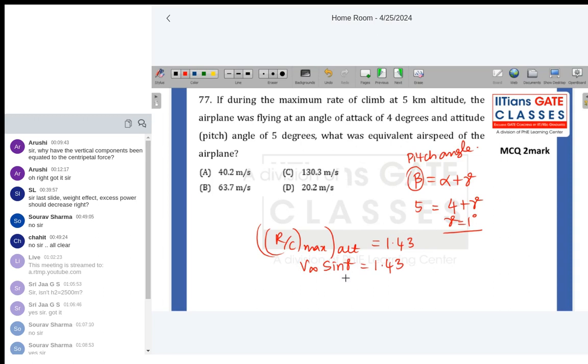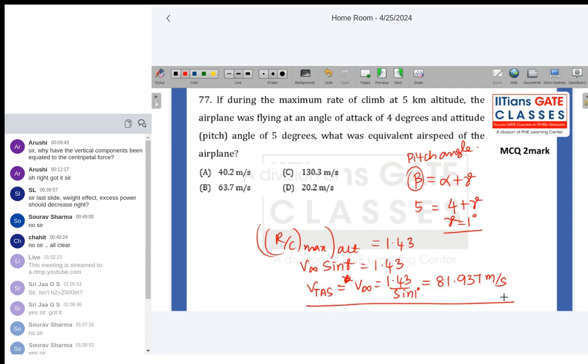So gamma is equal to 1 degree. Substituting that, we get V infinity equal to 1.43 divided by sine 1 degree. We get the value to be 81.937 meter per second. This is the true airspeed of the airplane.